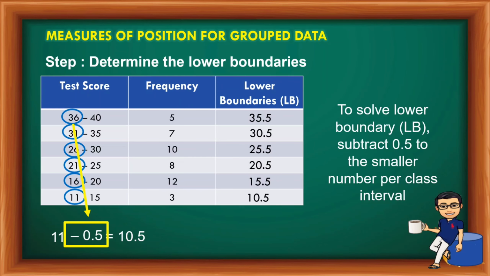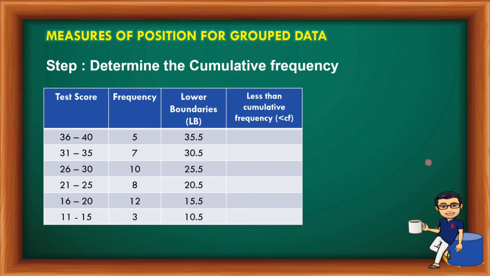So after knowing the lower boundaries, ang next nating aalamin ay determine the cumulative frequency. So ito yung ating mga frequency. We know that this is our frequency. So from the lower class, doon tayo magsisimula. So we need to copy the lower class frequency. At ang frequency ng lower class natin ay 3. So we just copy this.